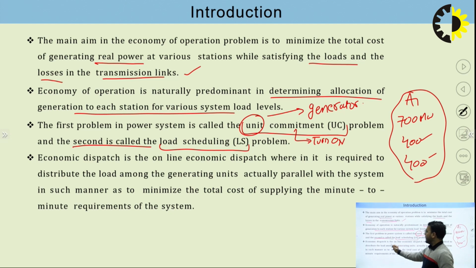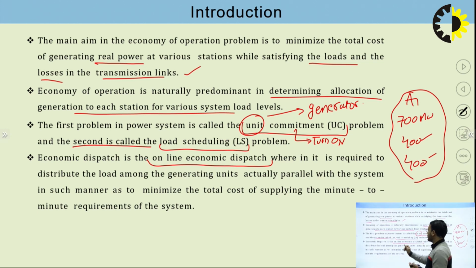Now, economic dispatch is the online economic dispatch. What do you understand by this? Online economic dispatch is when the generator is generating power, it is connected to the grid, and in this scenario the generator has to take the load.